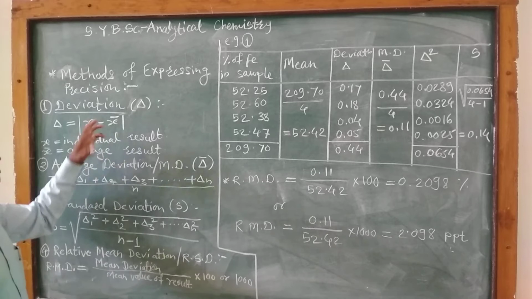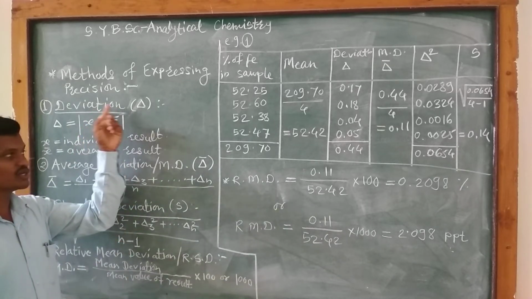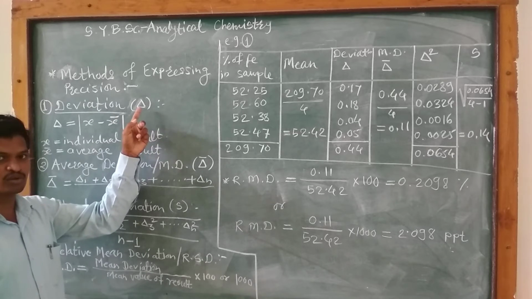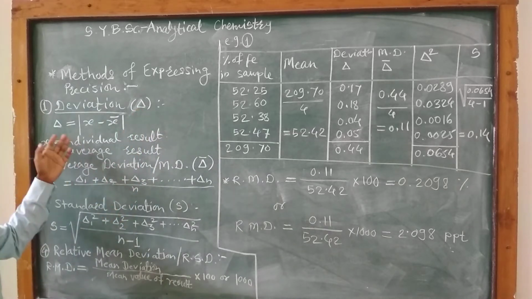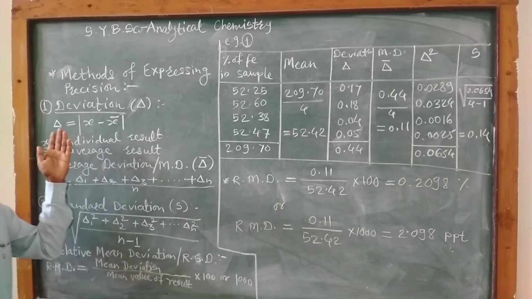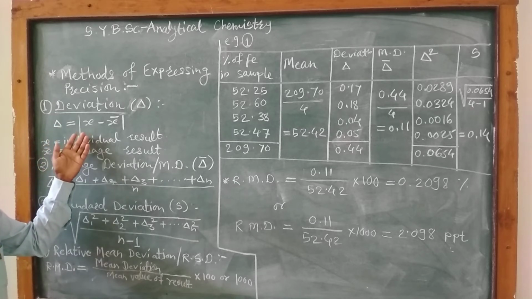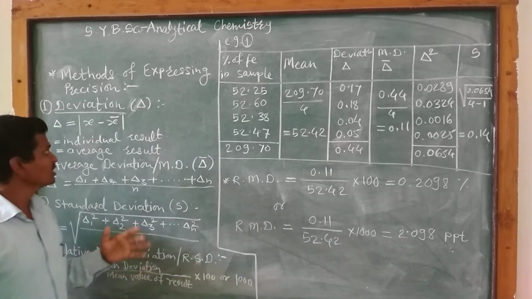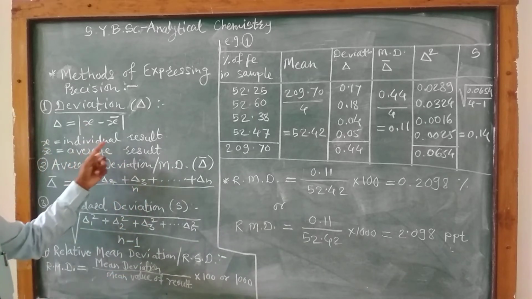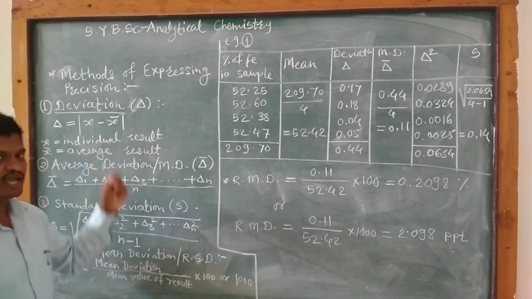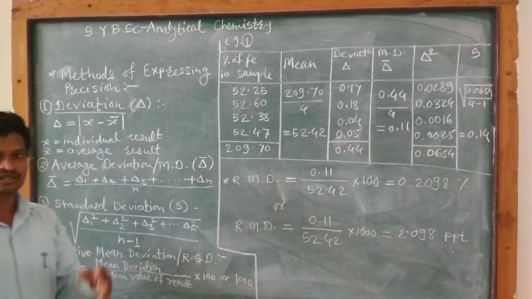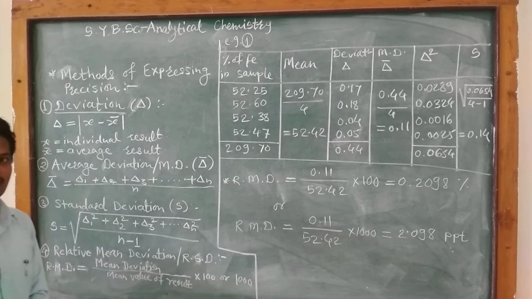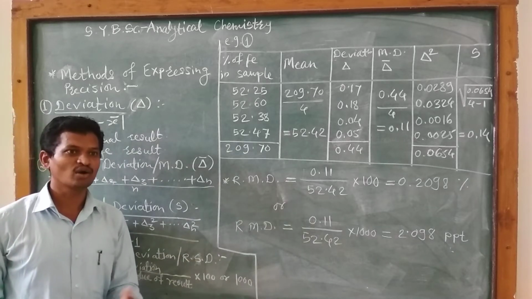So the first is deviation. Deviation is denoted by del, or you can say delta. Deviation is nothing but the numerical difference between the individual value or individual result and the average result of the data or of the measurements.